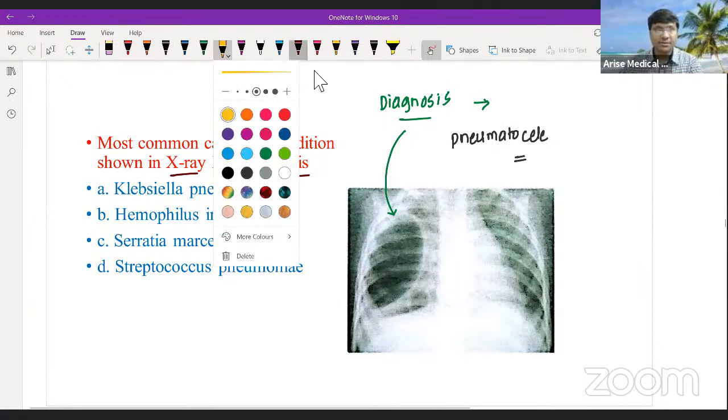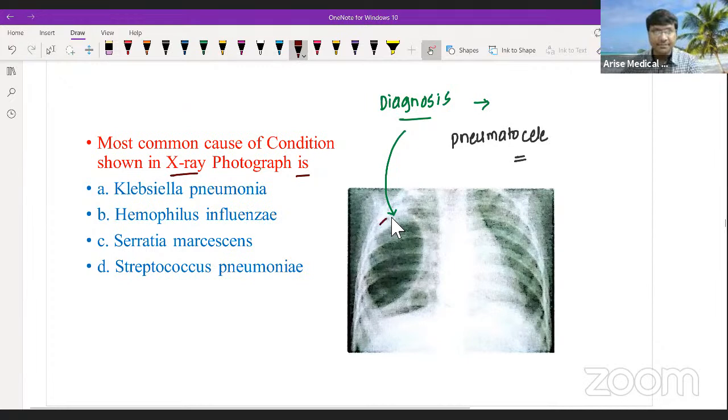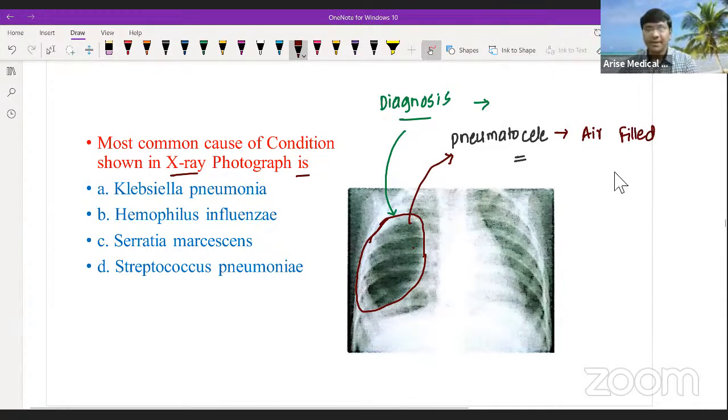Whatever the ring enhancing structure you are seeing, this is nothing but the pneumatocele. Okay, now what is pneumatocele? Pneumatocele is an air filled thin sac.